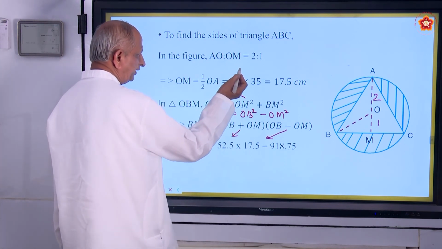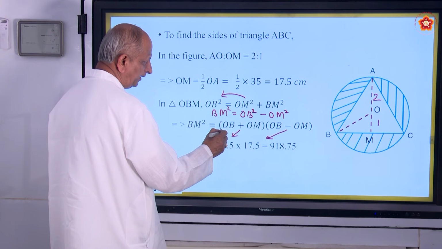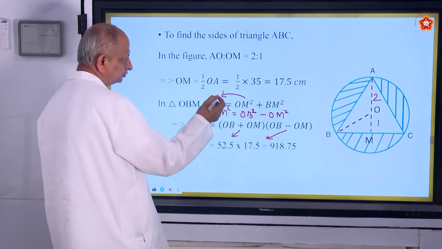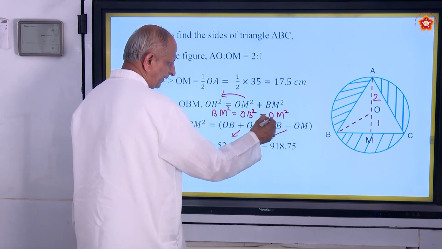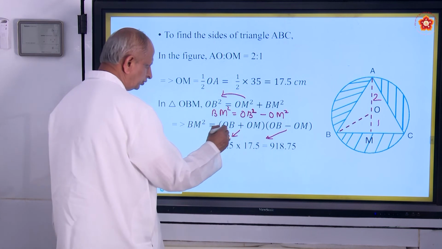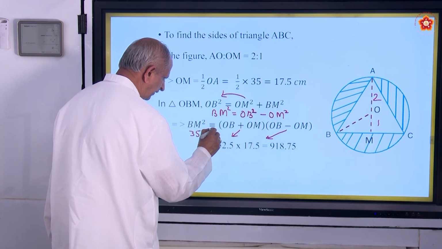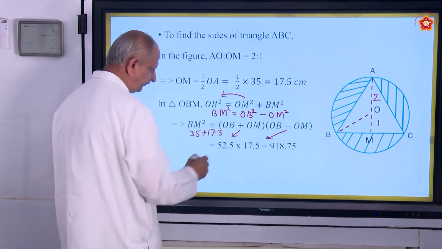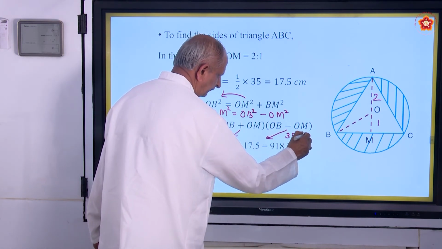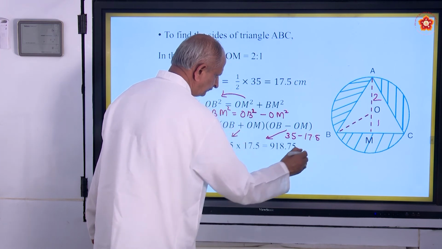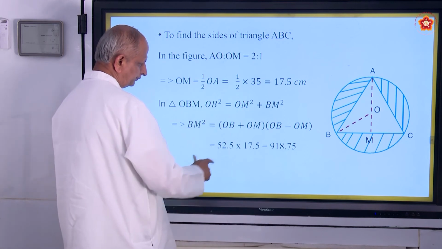OB is given to be 35, and OA and OB are equal. So that is 35. So 35 plus 17.5, 35 minus 17.5. This is 35 plus 17.5, that will be 52.5. Here it is 35 minus 17.5, that will be 17.5.